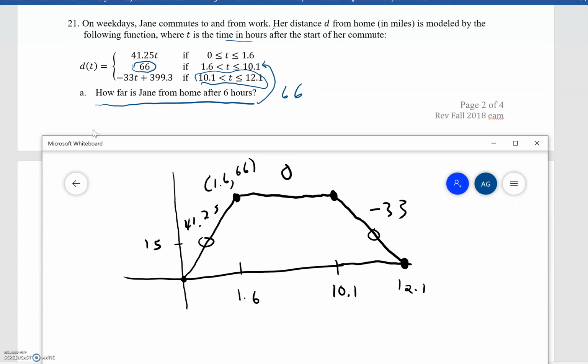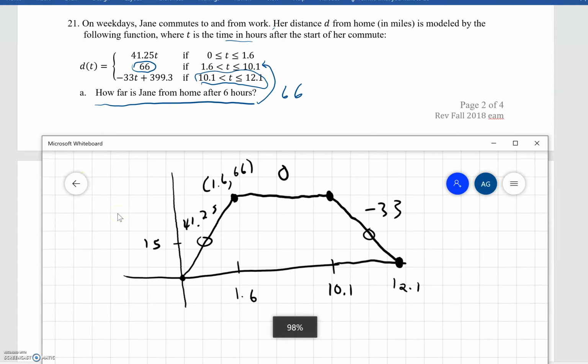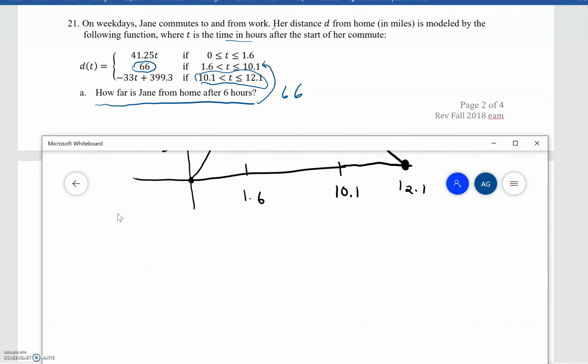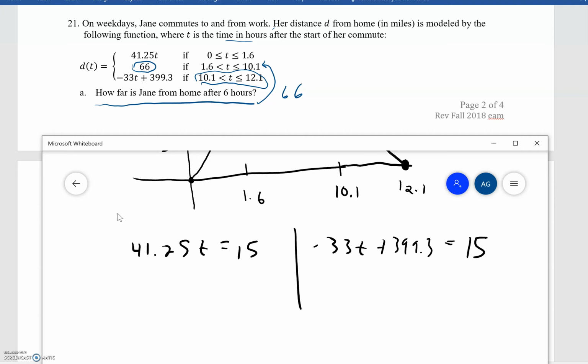So I have to really do two different situations. I have to say, all right, when is 41.25t equal to 15? And then I also have to do when is negative 33t plus 399.3 equal to 15. And we need to solve each of these.